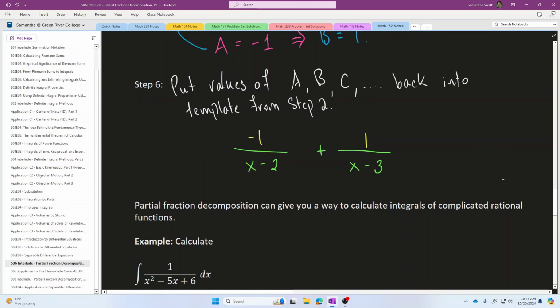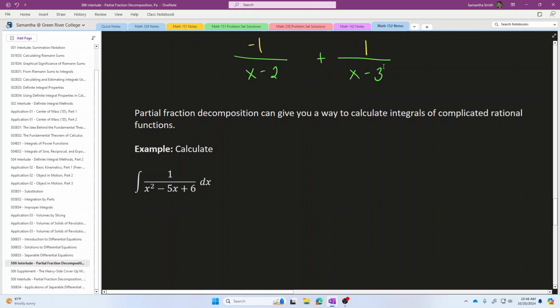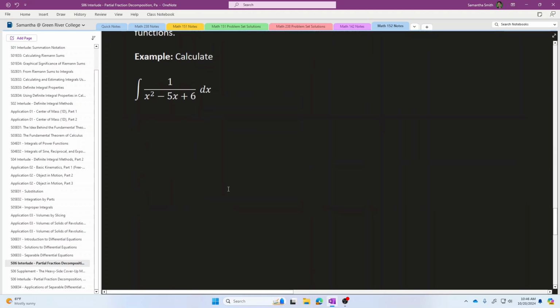So now that we've talked about how you can do decomposition, let me talk very briefly about how you can use the decomposition to help you with integrals. For example, suppose that someone asked you to calculate the indefinite integral of this function that we worked with in the demonstration, 1 over x squared minus 5x plus 6.